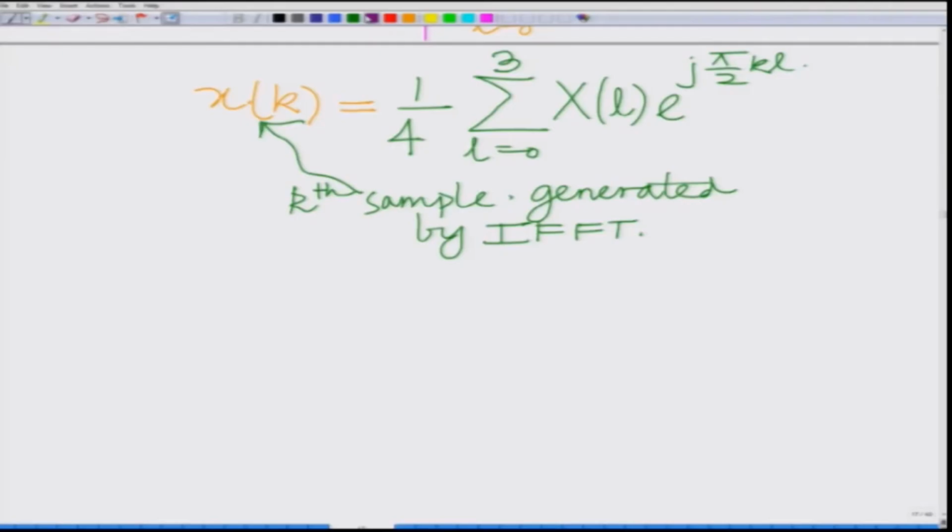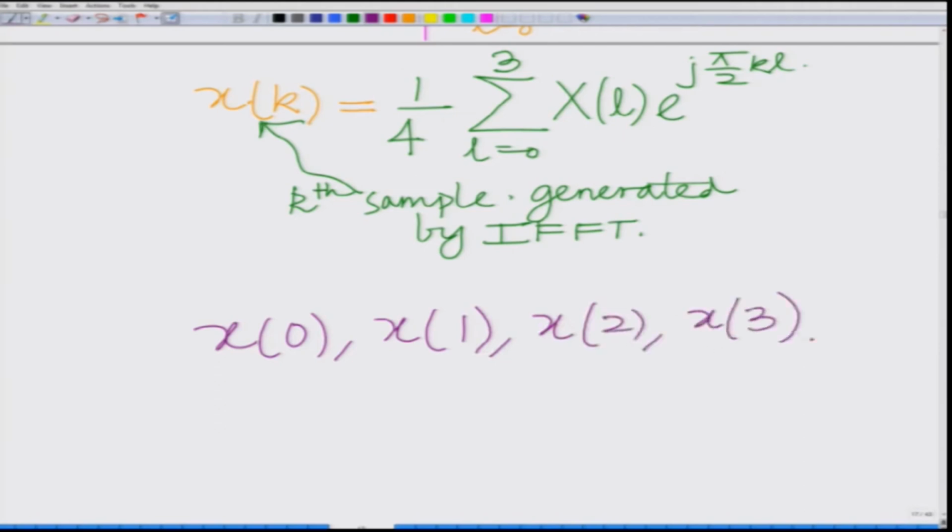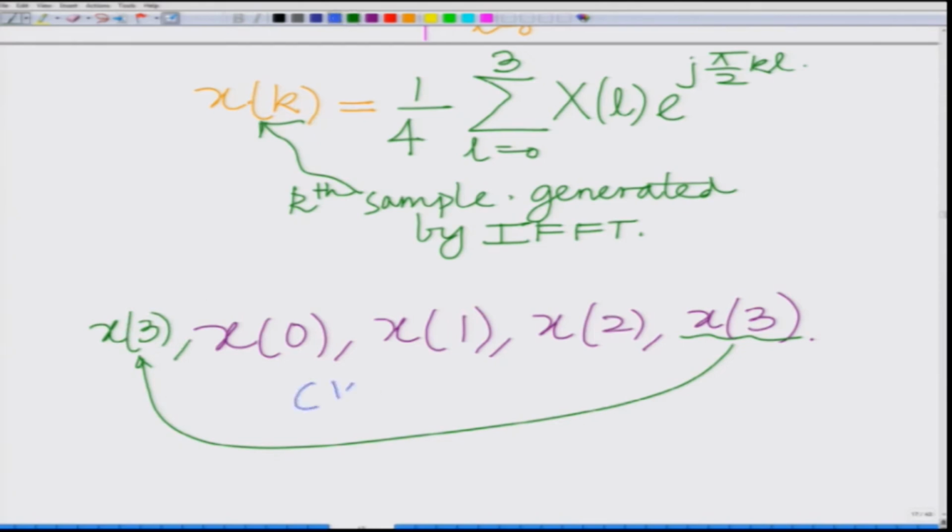Okay. So, basically what we are doing is we have x0, x1, x2, x3, and what I am doing is now I take x3 and prefix this, and this is termed as your cyclic prefix or CP.